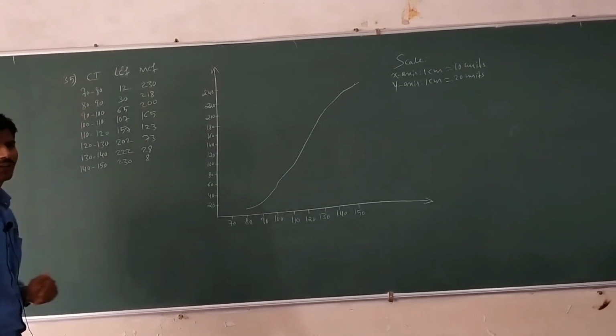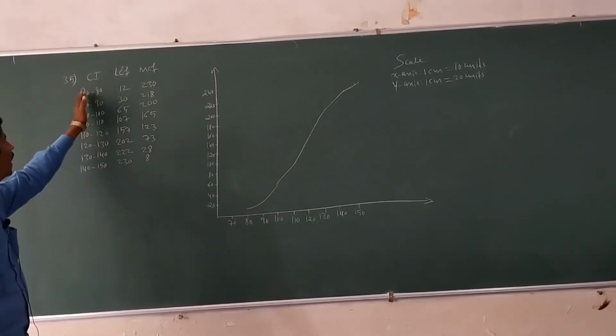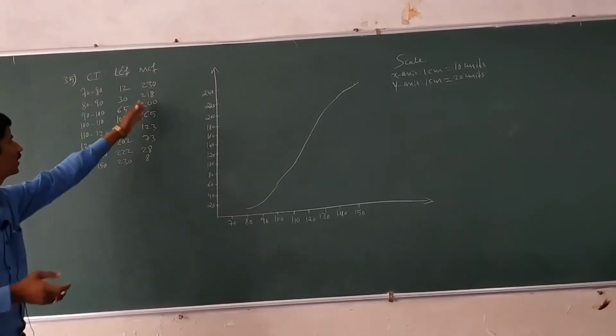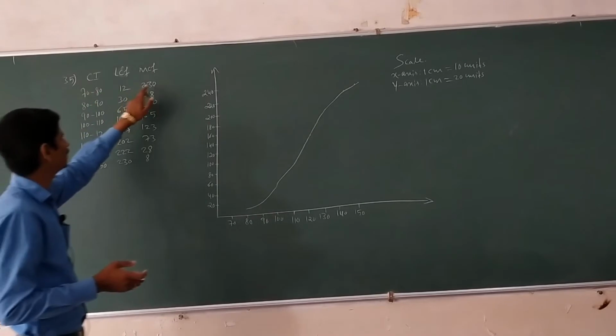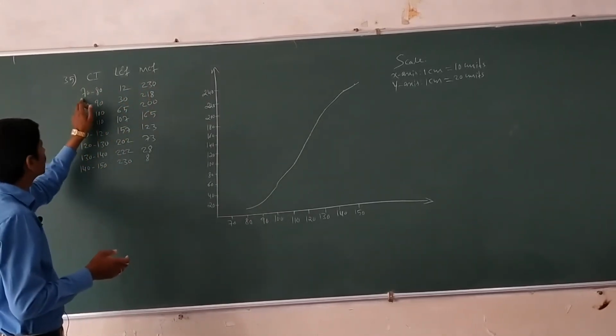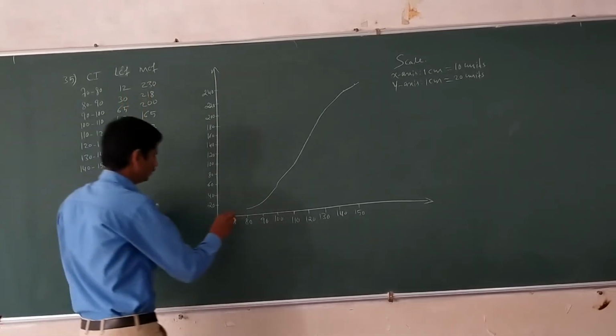More than cumulative frequencies are drawn against lower class limits. Here 70 is 230, 80 is 218, and so on, 140 is 8. Here first one, 70 is 230.